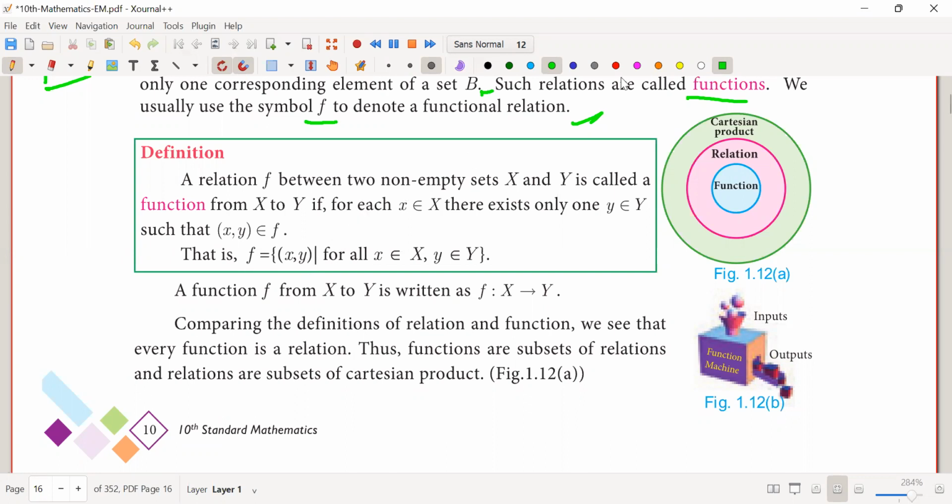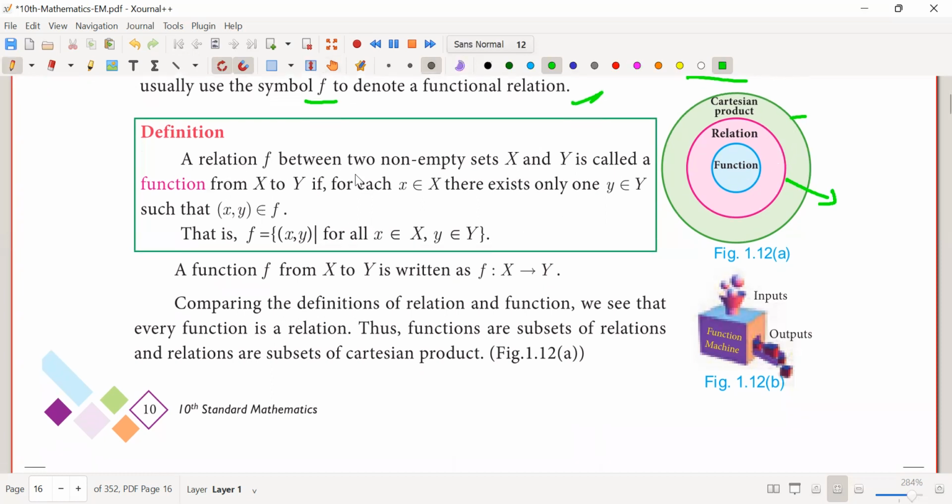One element of set B. So until now, in the first exercise we came across Cartesian product. In the second exercise, we went across relation. Now, within relation itself, we are taking care of one particular set known as function. So, function is inside relation, relation is inside Cartesian product. Right?